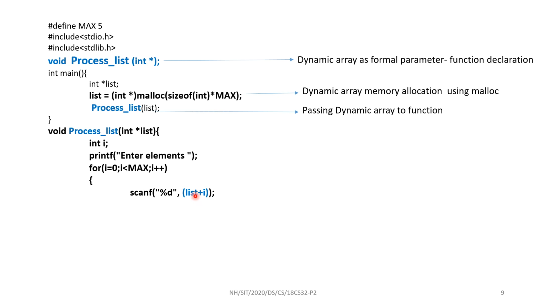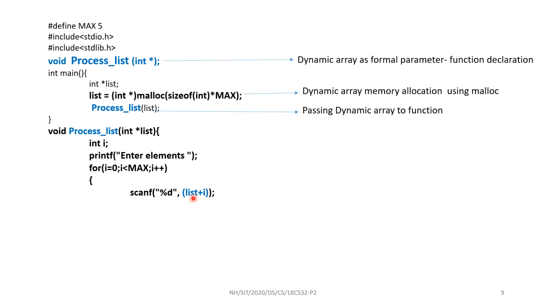Suppose to read the first element, the list starting address is 2000 and the i value is 0. So 2000 plus 0 into 4, which means you are going to put the element in 2000. To read an element and put it into the second index, i equals 1.